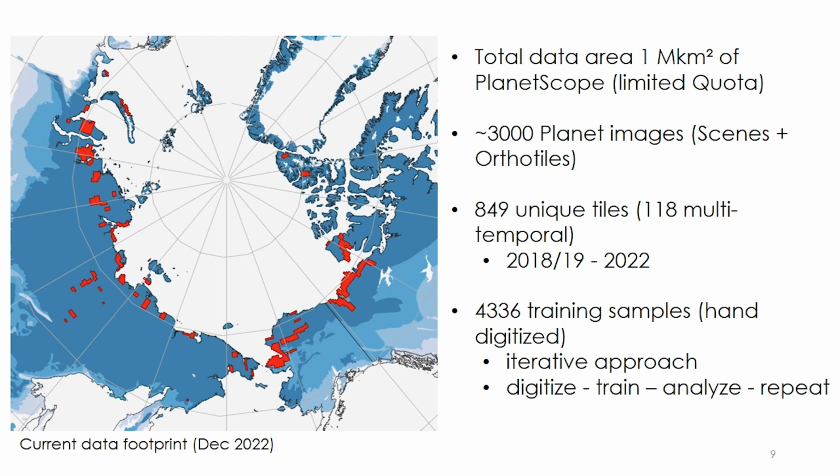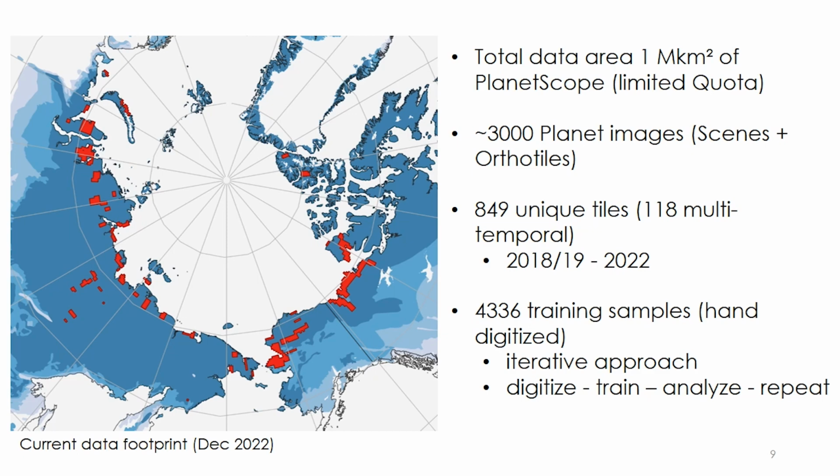We have about 850 unique tiles, and in total more than 4,000 training samples, so hand-digitized thaw slumps. We use an iterative approach where we digitize, train a model, analyze the output, and repeat this process, retraining the model in new areas, analyzing it, and looking where it performs well. And then again, repeat that process.